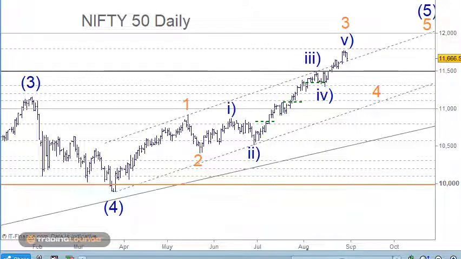Here we're looking at a nice bullish run. So from this wave 4 here, we're looking at wave 1 and 2 here, and then looking at wave 3 to the upside, which is 1 and 2 and 3 and 4 and 5 here for wave 3. So we're looking for an A and a B and a C for wave 4 here, okay, and then wave 5 to the upside.